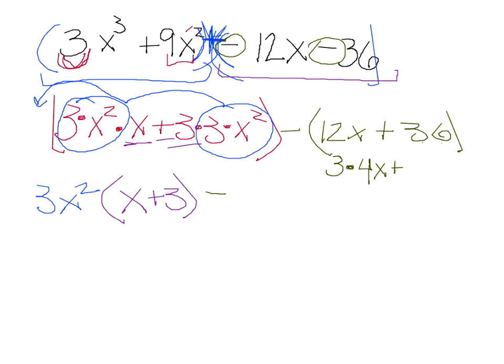And 36 can be factored into 4 times 9. That doesn't really help me though. I guess it does kind of. 3 times 4, and 9 is 3 times 3. So I can factor this into 3 times 4x and then 4 times 3 times 3.